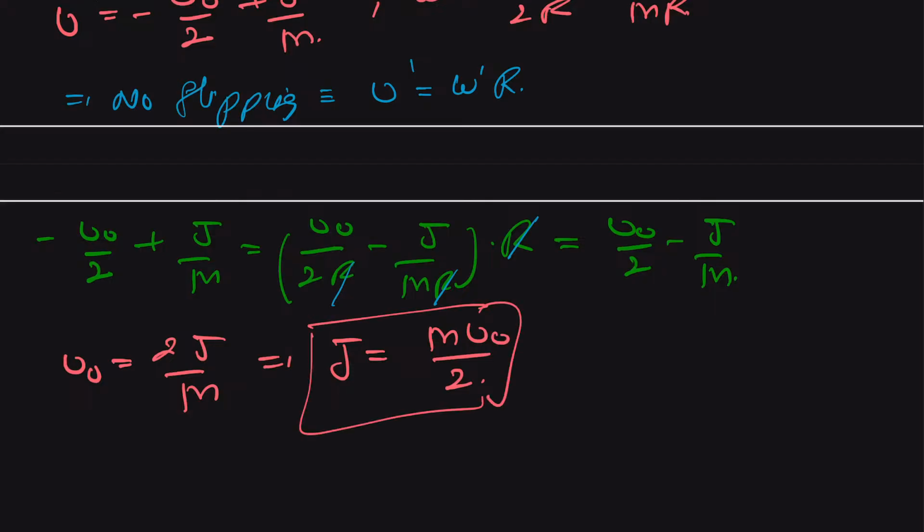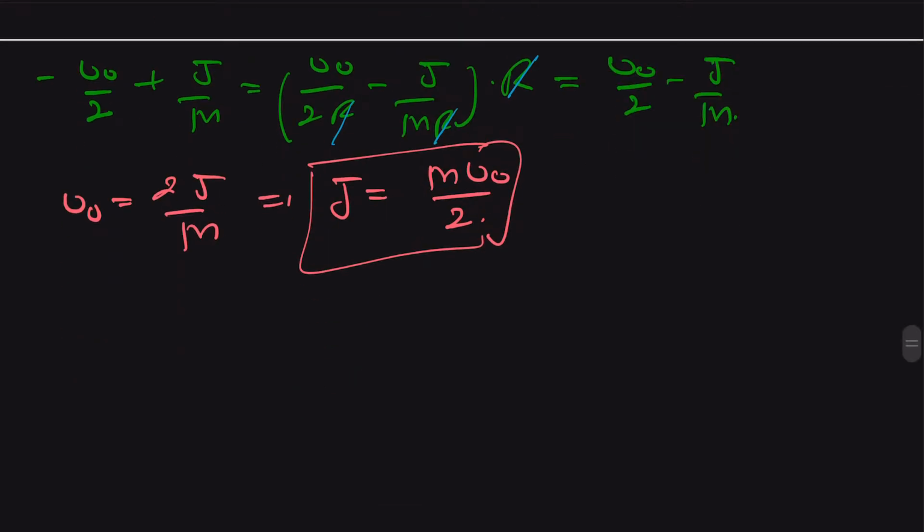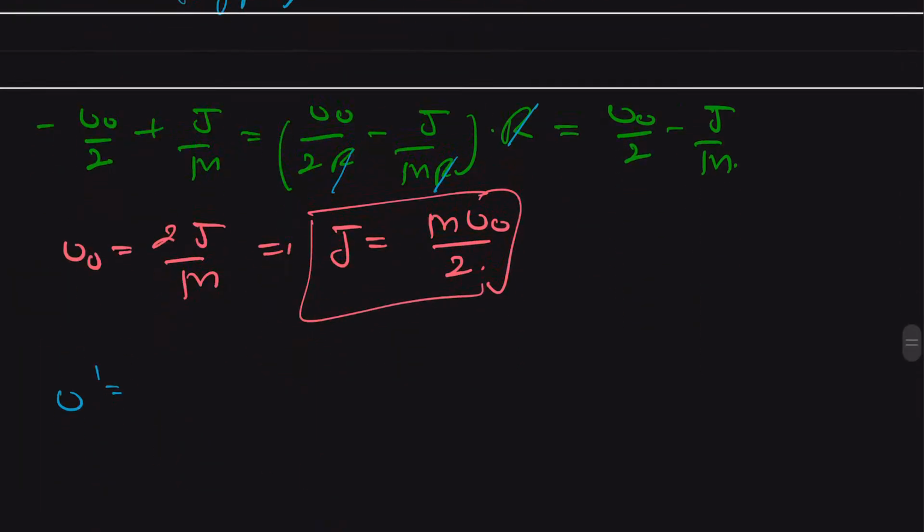and therefore we can write that our v prime is minus v naught upon 2 plus j upon m.